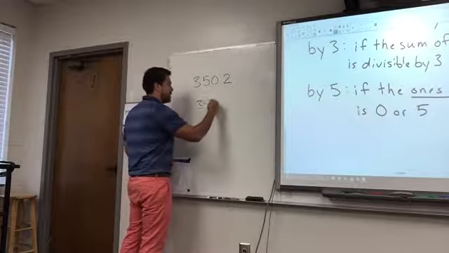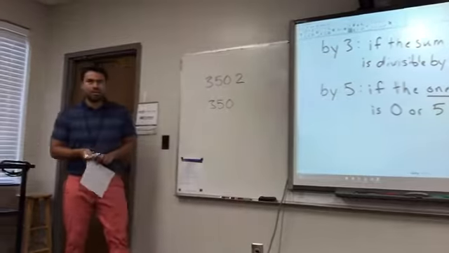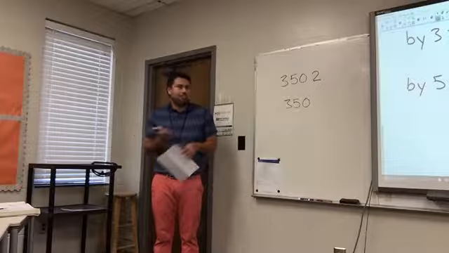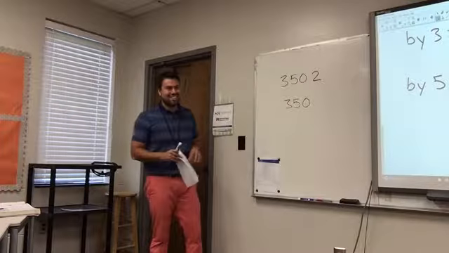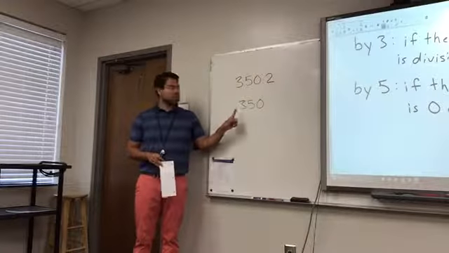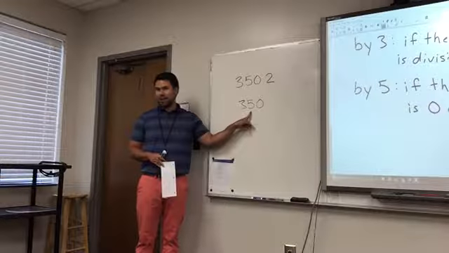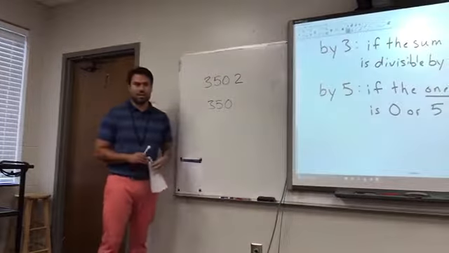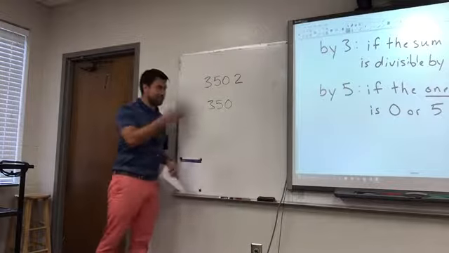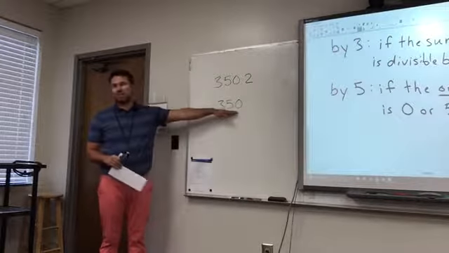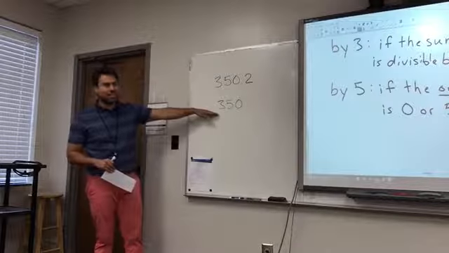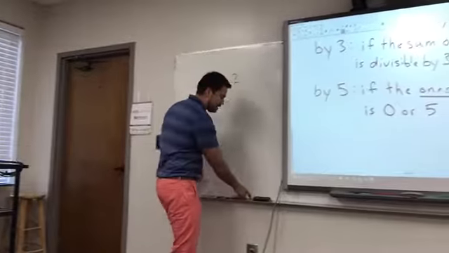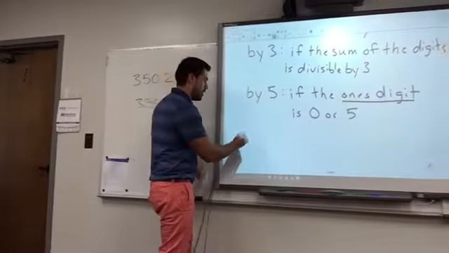Is 350 divisible by 2? Yes. Is it divisible by 3? No. Okay, so this is what I do. What's 3 plus 5 plus 0? 8. Is 8 divisible by 3? So not divisible by 3. So good. That's good. And is this divisible by 5? Because the ones digit is 0 or 5, so it's divisible by 5. So that's how you test it out. And that's what we're going to do later on this lesson.